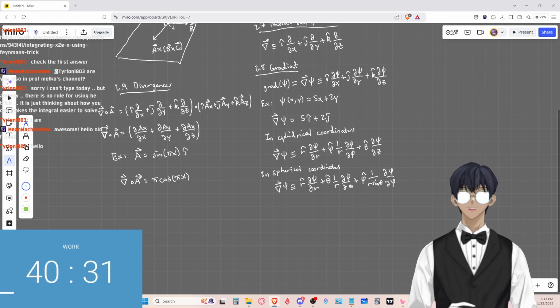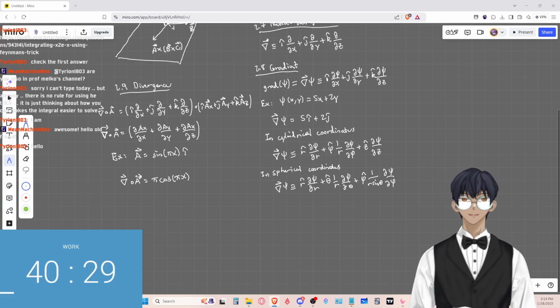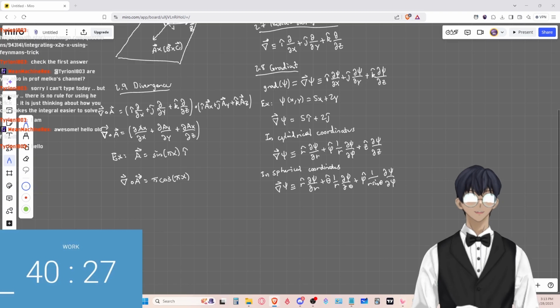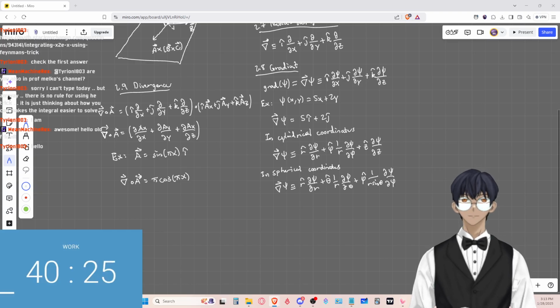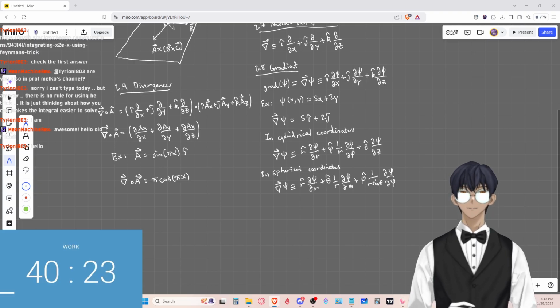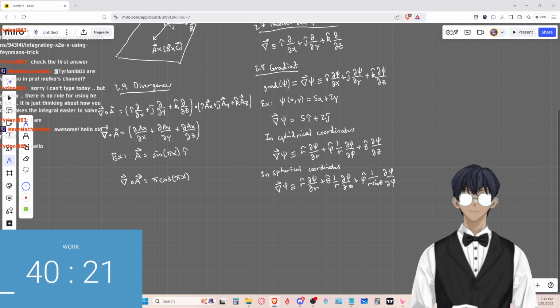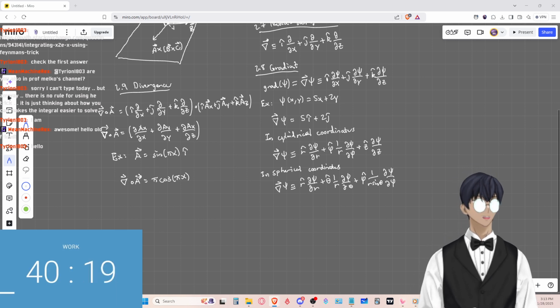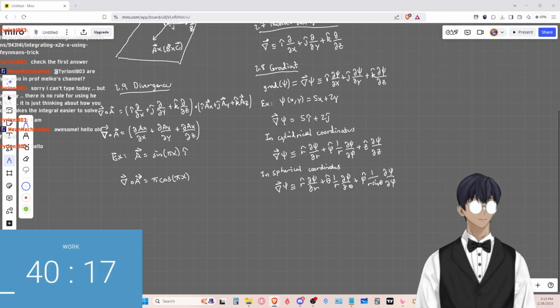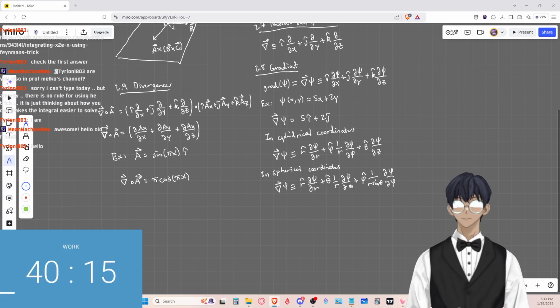Oh, is that why? Is that why the unit vectors are like that? For like for the gradient? Huh. Interesting.